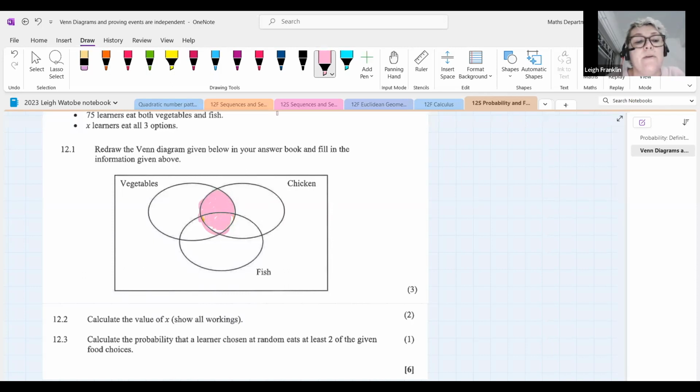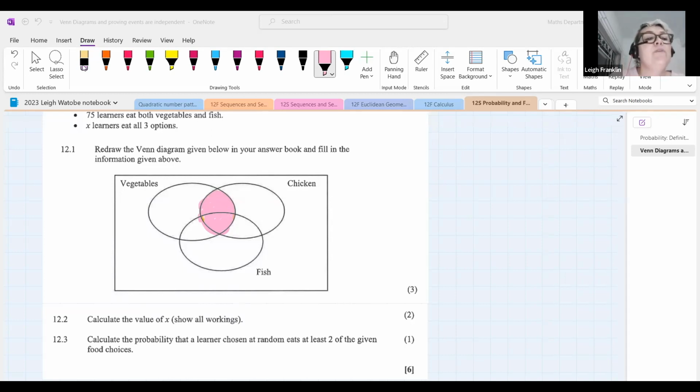So now like this. What would this be called in words? Lesejo says veg and chicken. Good. Okay, so the pink region is veg and chicken. Some of them also eat fish, but the pink region is veg and chicken.